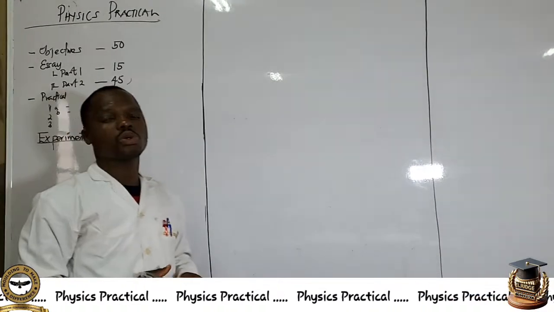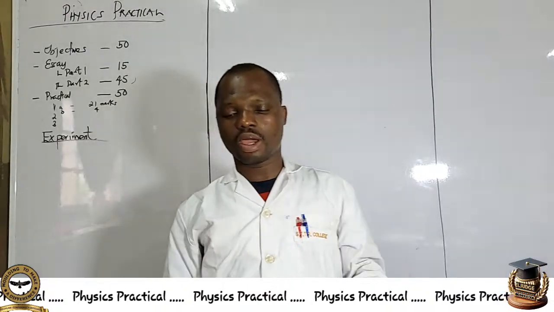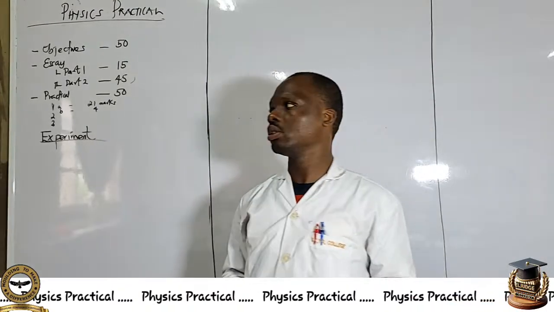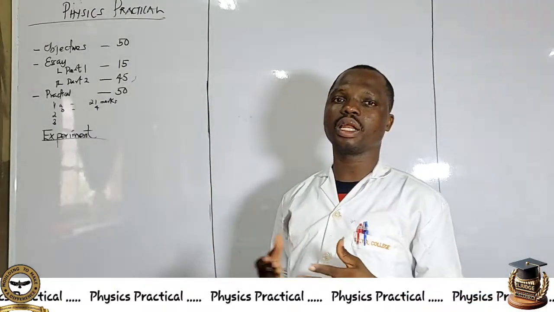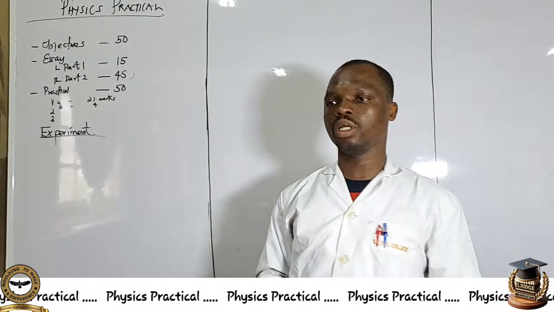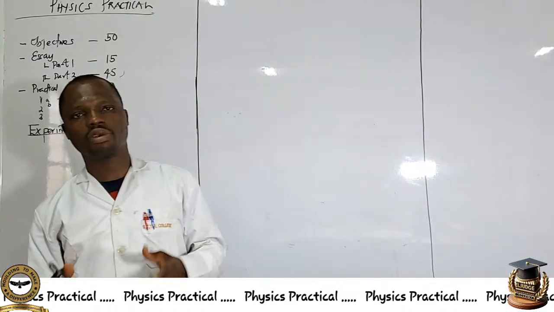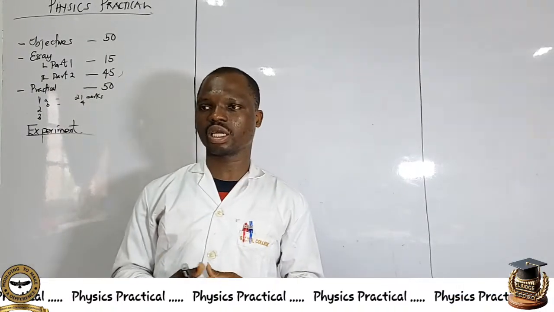Well, there are 2 types of experiment or 2 types of practical that we may have. The first one we can say is a real life experiment where you have to conduct the experiment in the laboratory with certain apparatus given to you, some materials are given to you.